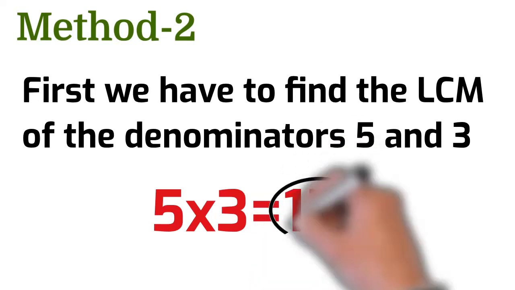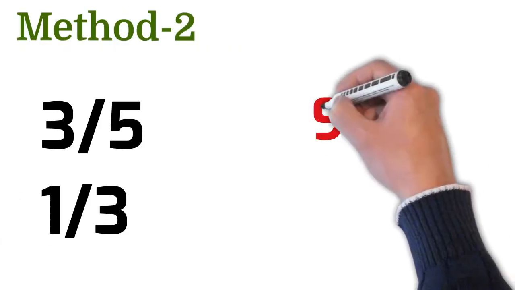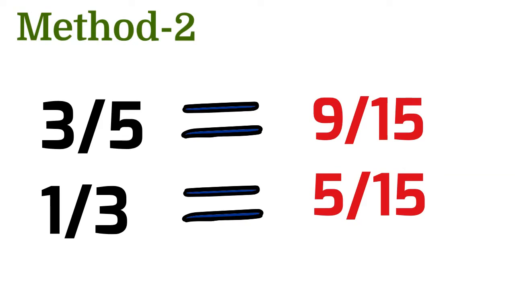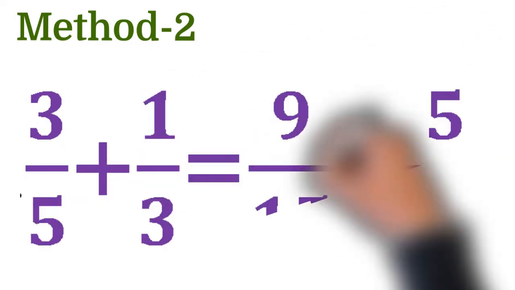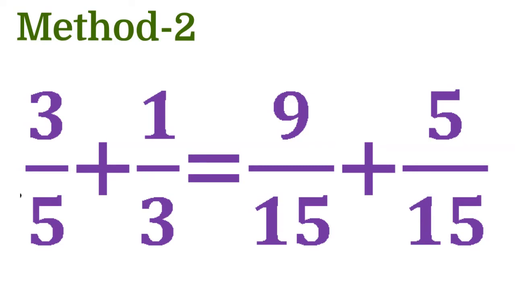Then taking the LCM, that is 15, as the denominator, we can change the numerators of 3 by 5 and 1 by 3 accordingly and get 9 by 15 and 5 by 15 respectively as like fractions. Now we can write 3 by 5 plus 1 by 3 equal to 9 by 15 plus 5 by 15.